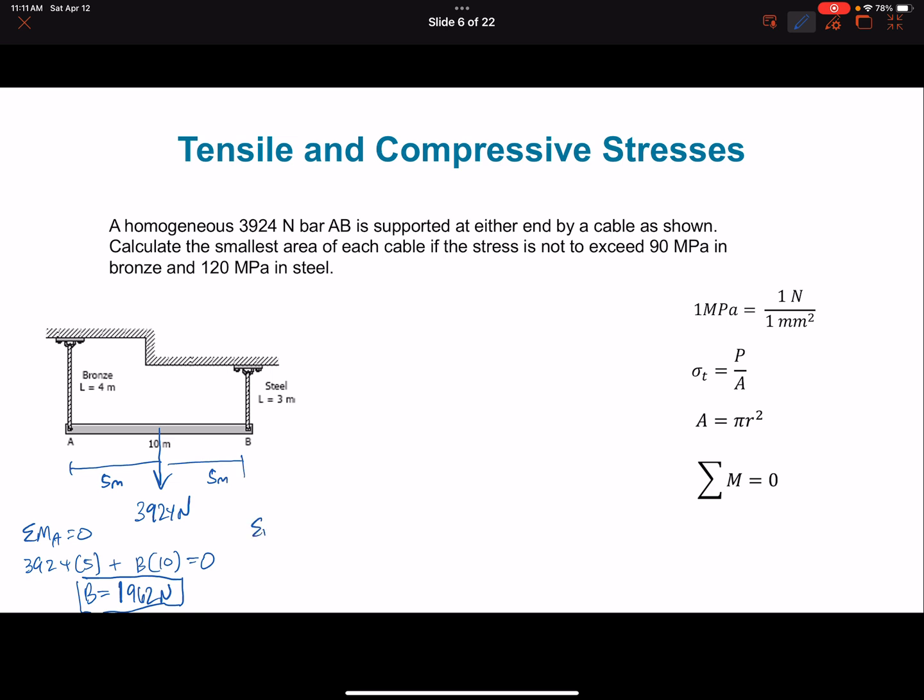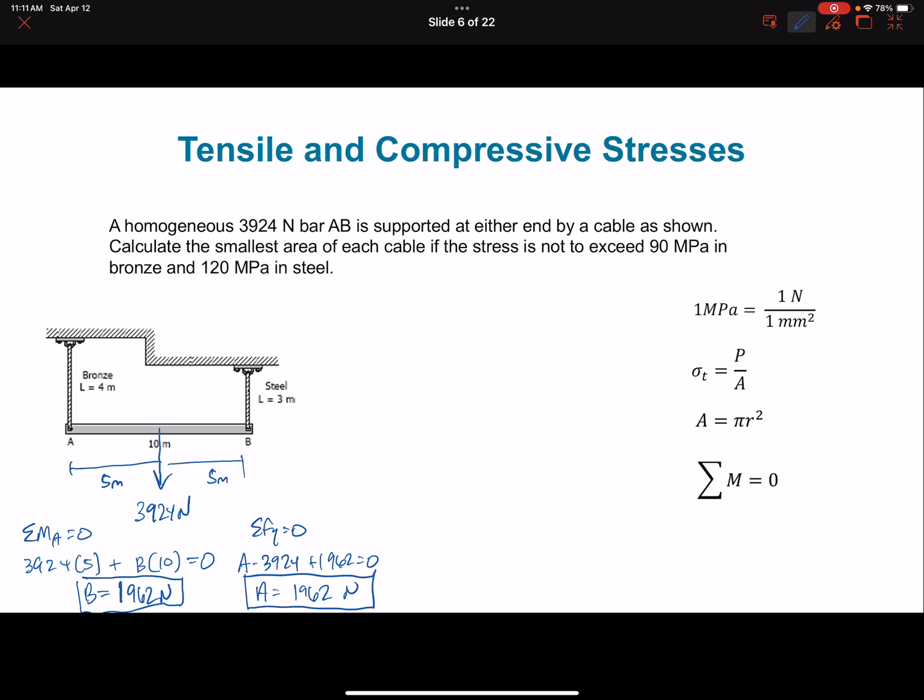Then we can do the sum of the forces in the y, set those equal to 0. A minus 3,924 plus 1962 equals 0. A also equals 1962 newtons. Pretty easy with the equal distances on both sides. But we learned how to do that. Now we know the force in each one.